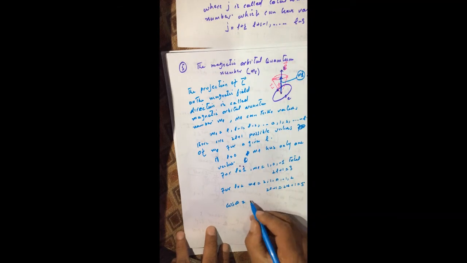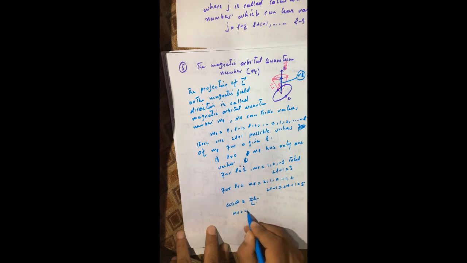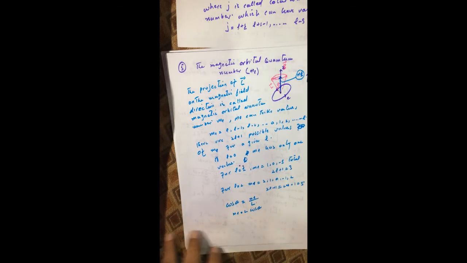Base we have ML and hypotenuse we have L. So it means that ML is equal to L cos theta.